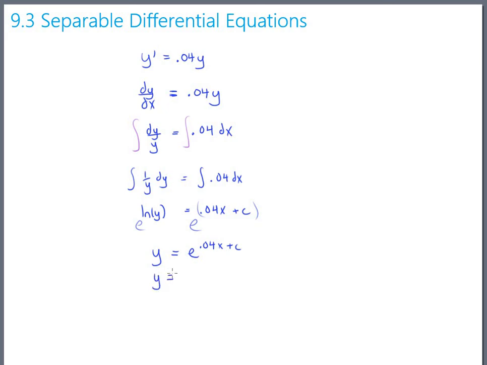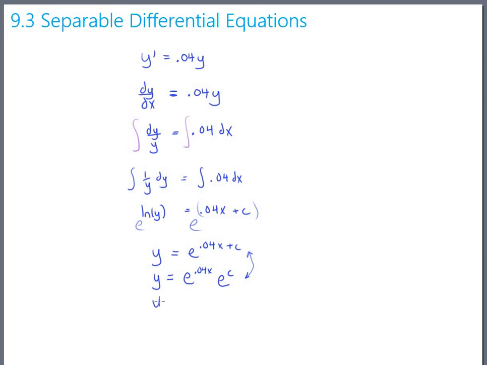Let's do y equals e to the 0.04x times e to the c. I think we're more used to going this direction. Same base is multiplied. What do you do? Add the exponents. But if you have added exponents, you can also turn it back into same base as multiplied.